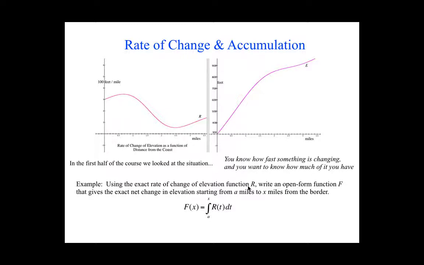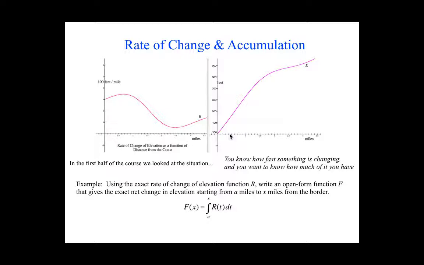So if I wanted to make a function that was the actual elevation at any point x miles from the coast, I would need to know some elevation someplace. If this is 0 miles from the coast and it's an elevation of 300, that sounds like there's a cliff at the coast, and then it goes upward from there. But I'd have to have some sort of value.